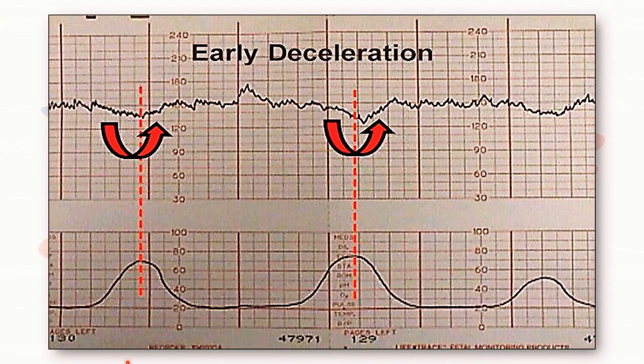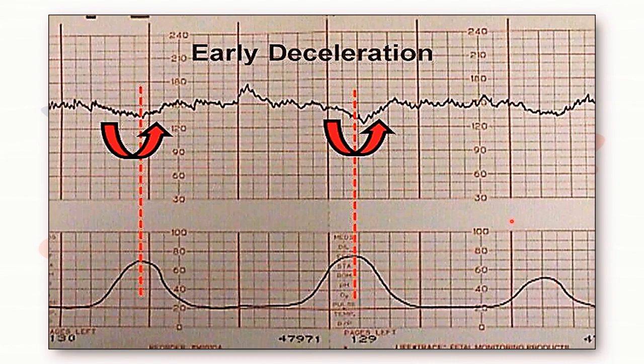So, in early deceleration, whenever the uterine contraction is at its peak, the fetal deceleration is also at its peak, and the starting point and the ending point of the uterine contraction coincide with the starting point and the ending point of the fetal deceleration, and this will happen in case of all the uterine contractions.